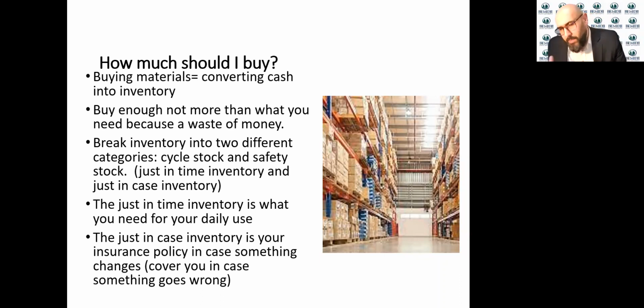What the public knows is just-in-time inventory and just-in-case inventory. Just-in-time inventory is what you need for your daily use. Just-in-case inventory is if something goes wrong, you need it to be covered, such as an insurance policy. We don't use the insurance policy, but we have it in case something goes wrong.